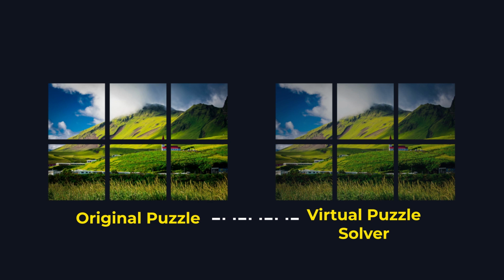The benefit is your Virtual Puzzle Solver can quickly identify which pieces you need to move to complete the updated picture without you manually rearranging every piece. In this example, the real jigsaw puzzle represents the real DOM, and the Virtual Puzzle Solver represents the virtual DOM in React.